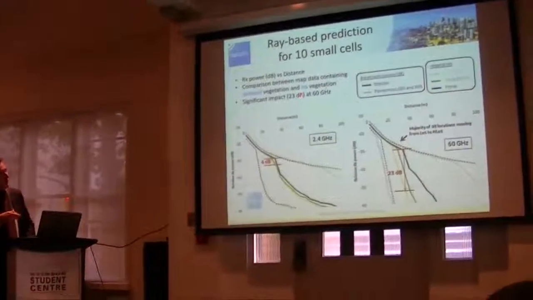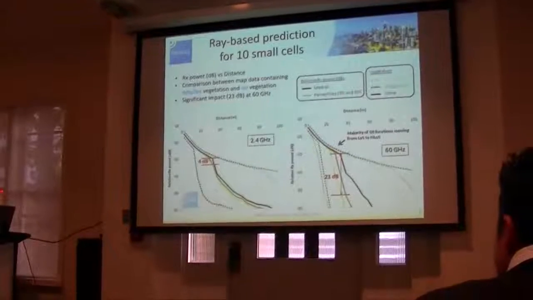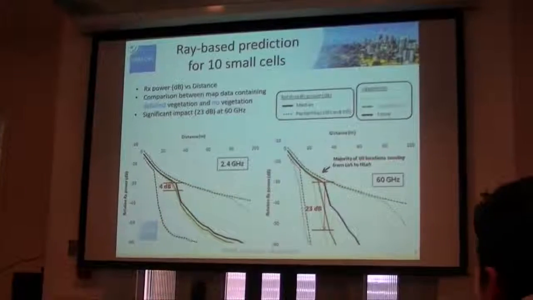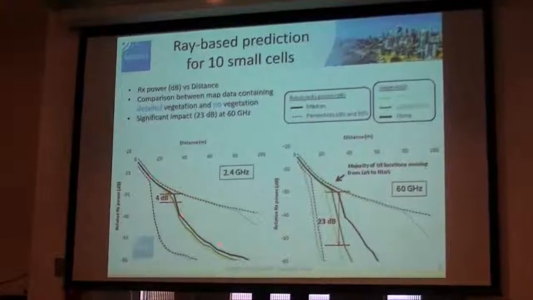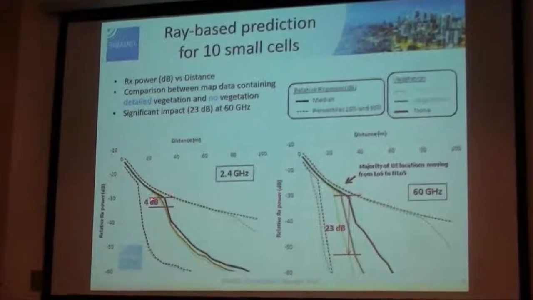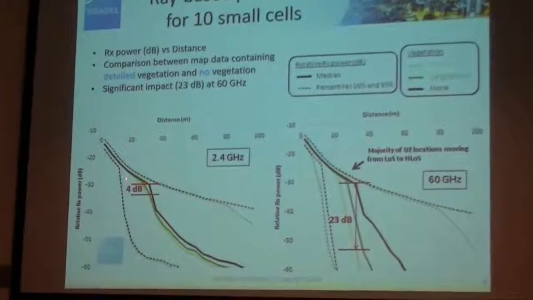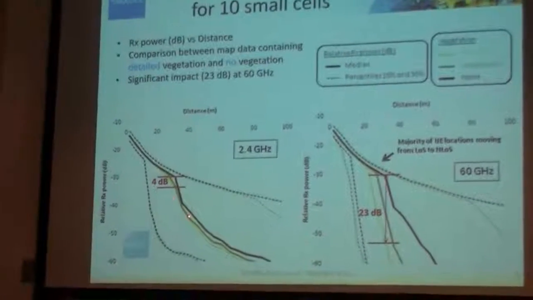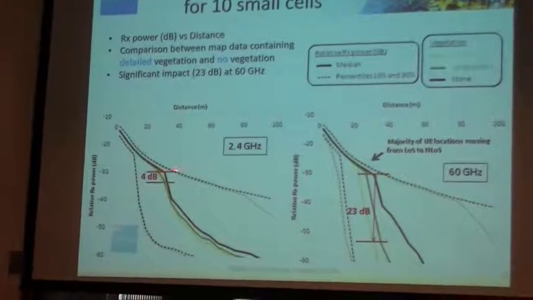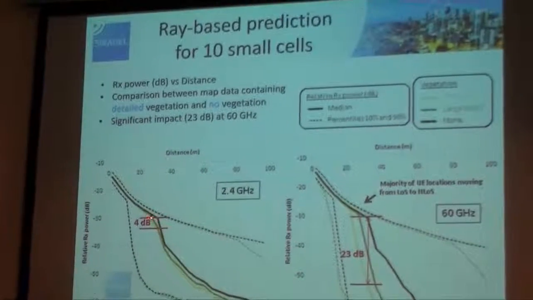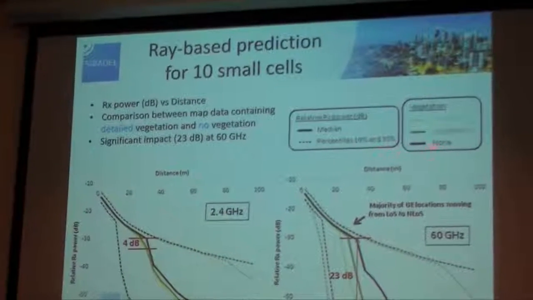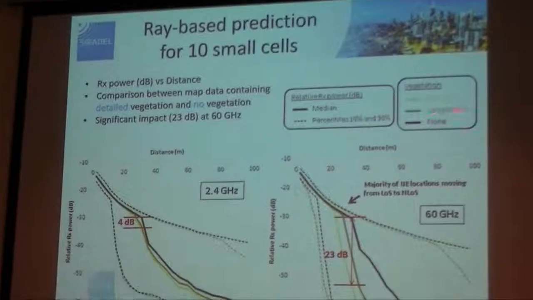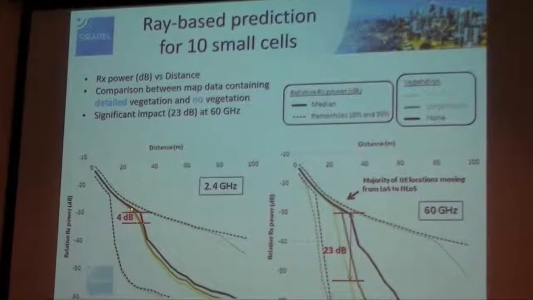Zahid has taken the percentiles at 90% and 10% of the received power, and we've got the median case. And the observation is that, in this break between what we could consider line of sight and non-line of sight, the difference is roughly 4 dB between no representation of the vegetation and large blocks, and the detailed ones that are in green.